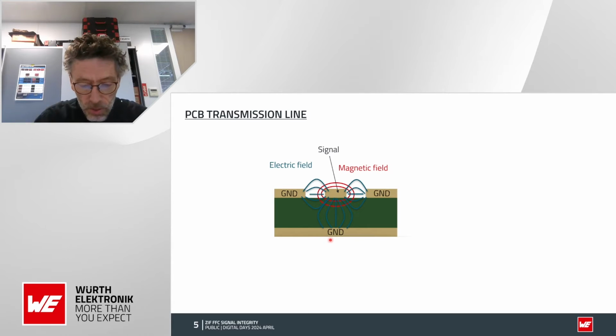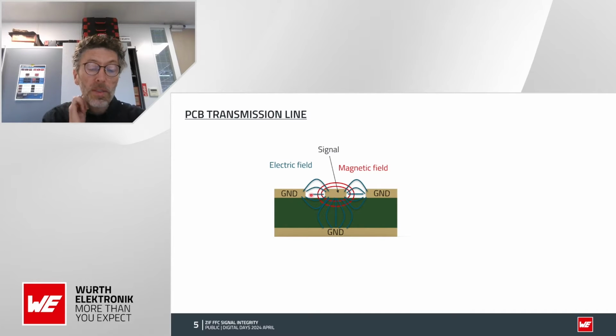And what is also really important to understand is that what is important here is not the current and the voltage that is traveling inside of the copper, but really what is outside of the signal. The power of your signal is not inside of the copper, but outside of the copper through the EM field.